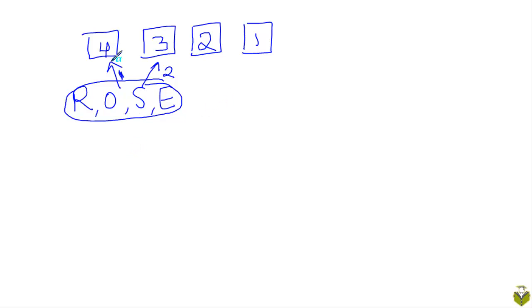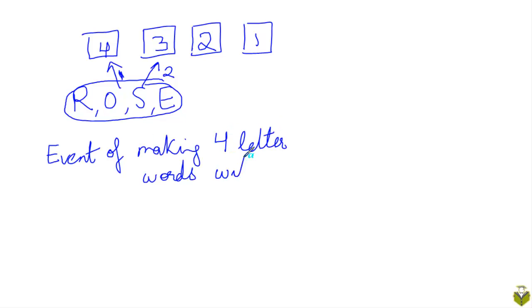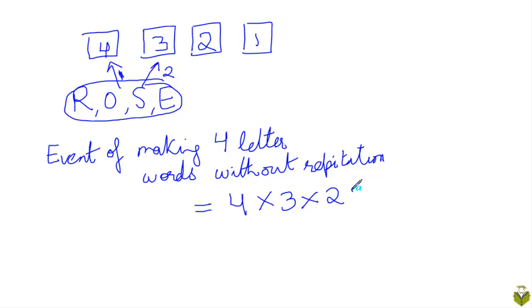Like I said, you have to now apply the fundamental principle of counting, and I won't go through the detail again, because you understand that the event we are looking for is the event of making 4-letter words without repetition. The first box can be filled in 4 ways, the second box in 3 ways, the third box in 2 ways, and the last box in 1 way.